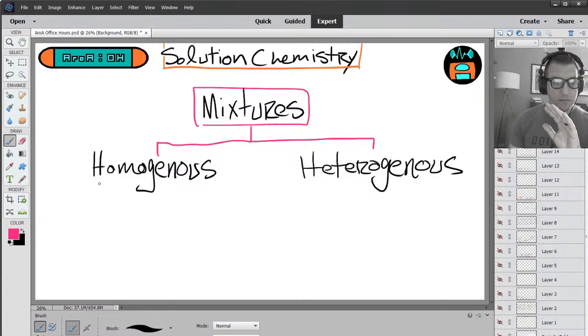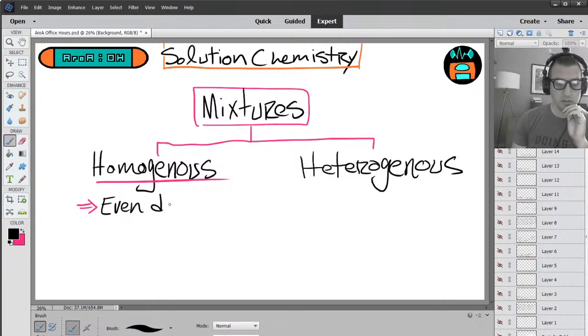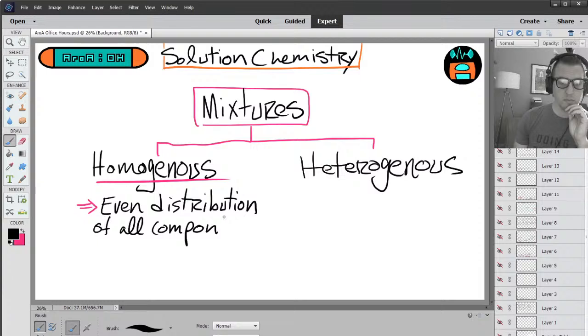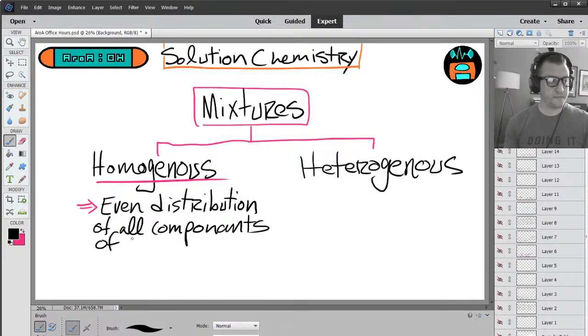A homogeneous mixture is a mixture in which there is an even distribution of all components of the mixture.